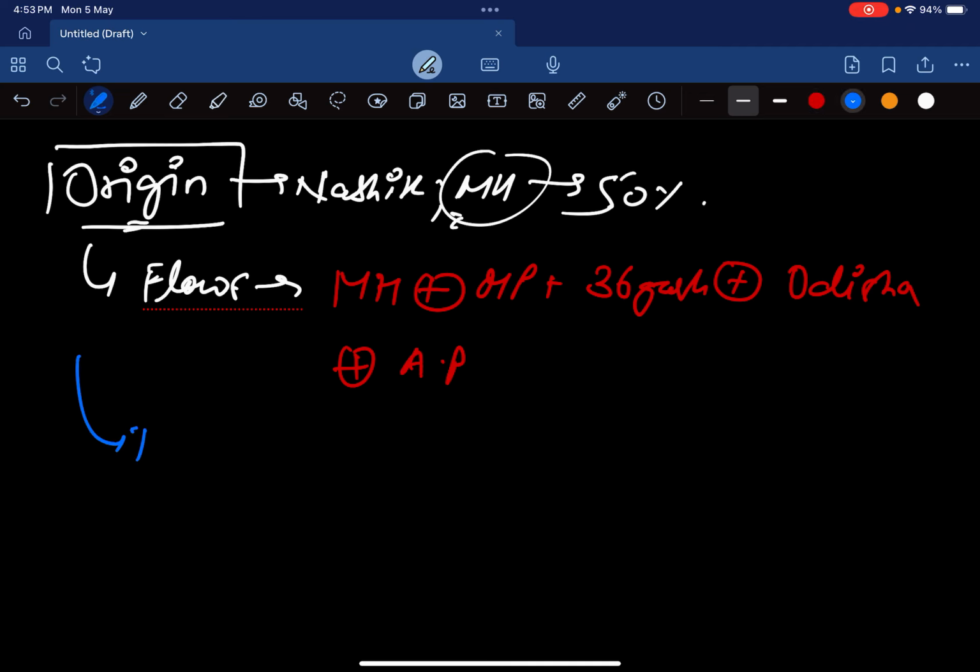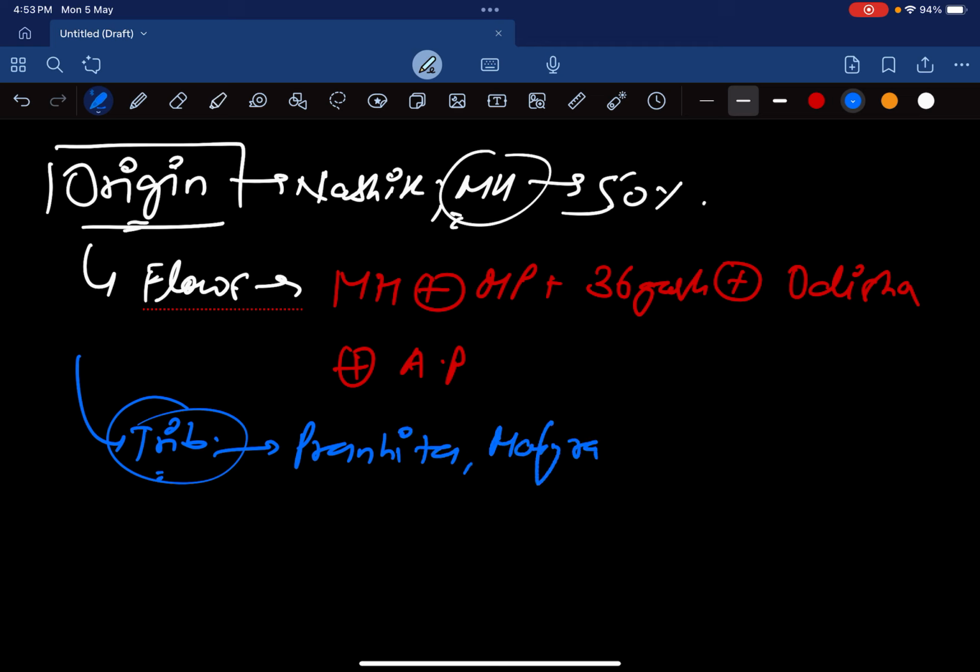If we talk about its tributaries, a few of the tributaries mentioned in the NCERT are Pranhita, Manjra, Penganga, and Indravati river, right?